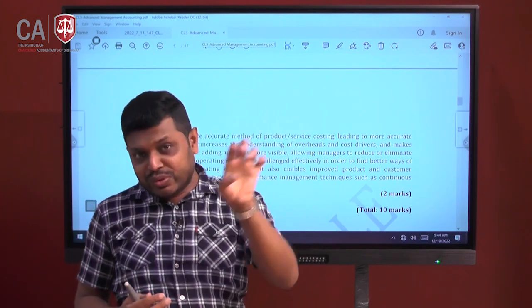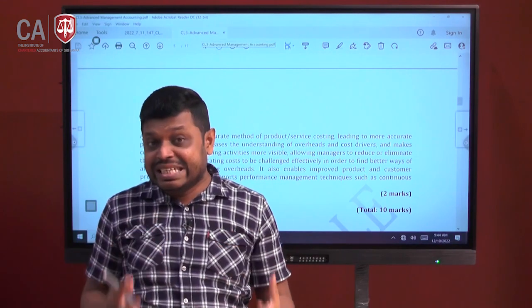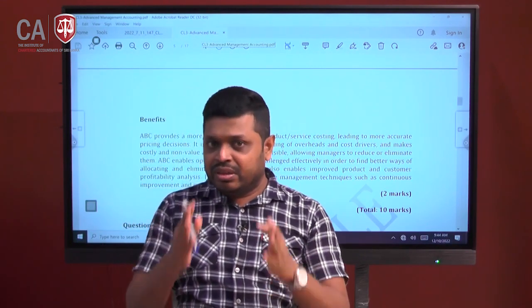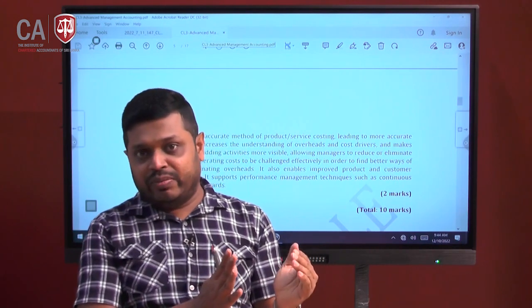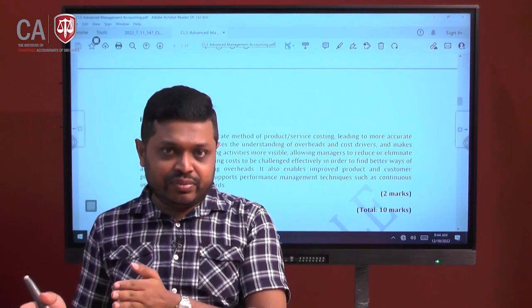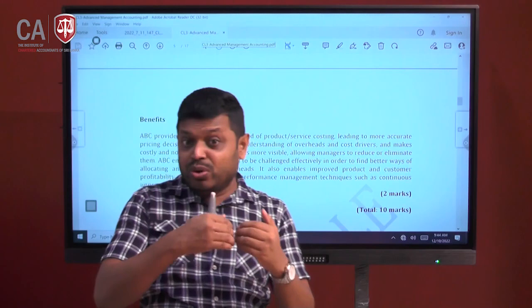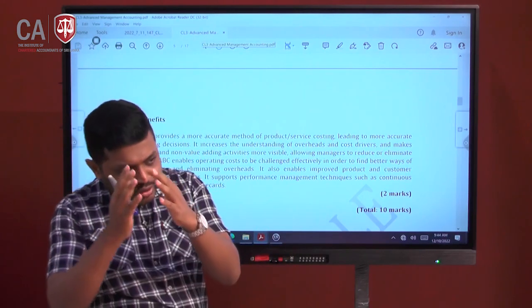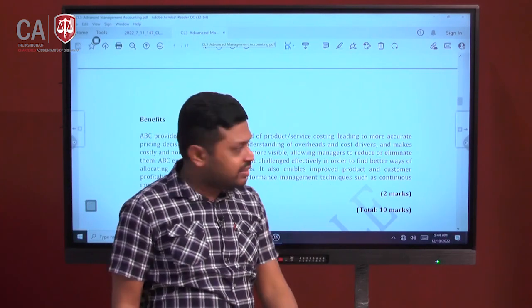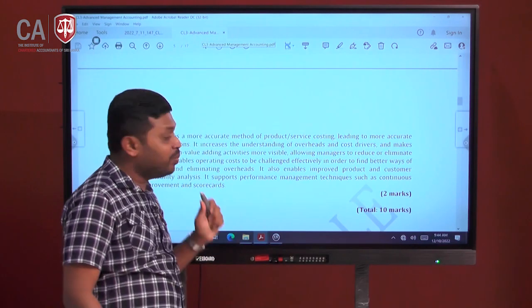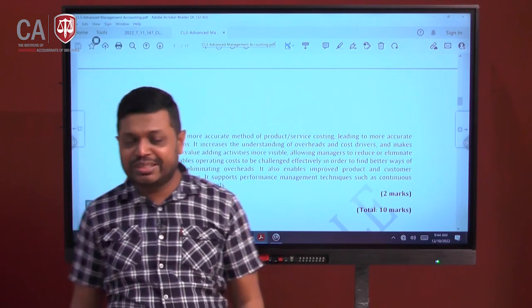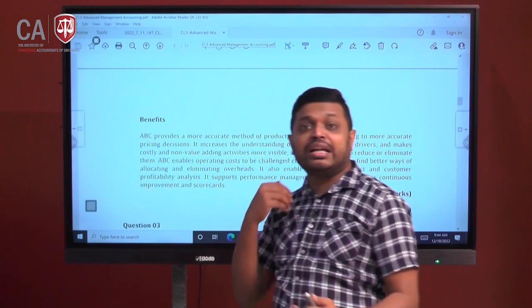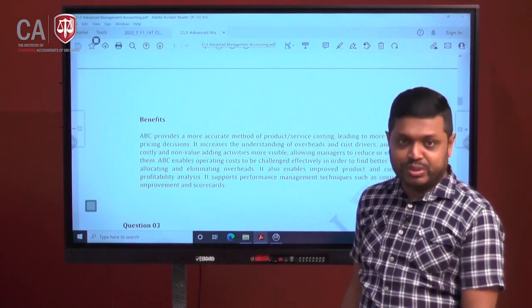Then out of those activities you can screen and identify that there may be some activities which are non-value adding. If those are non-value adding, you can remove them and optimize your operational cost. Then your decisions will be more effective than with absorption costing.